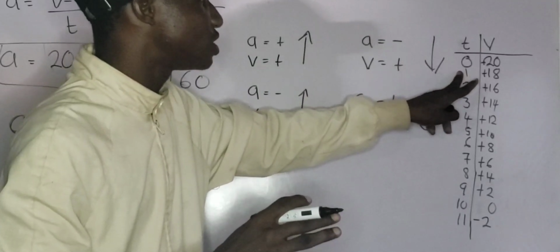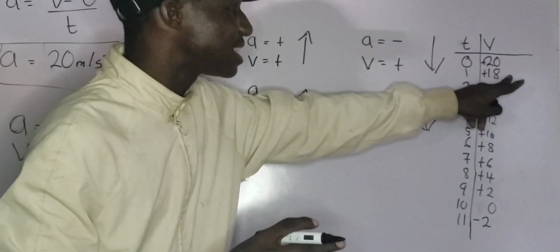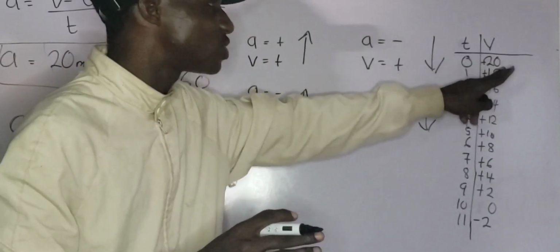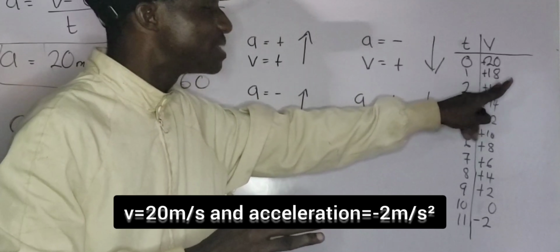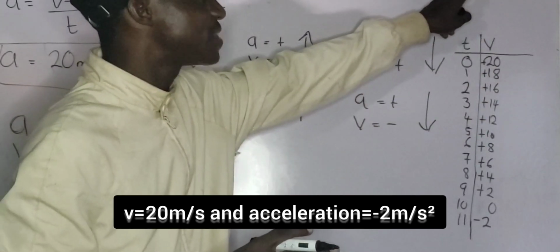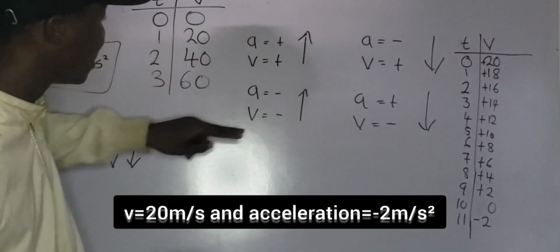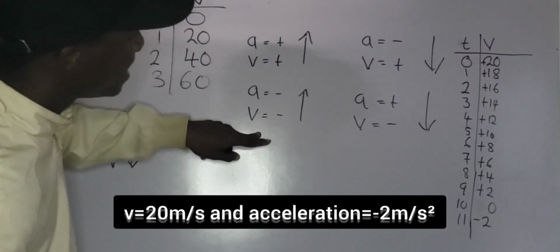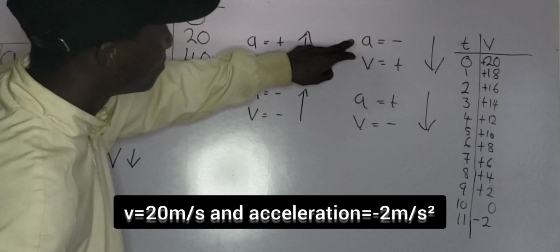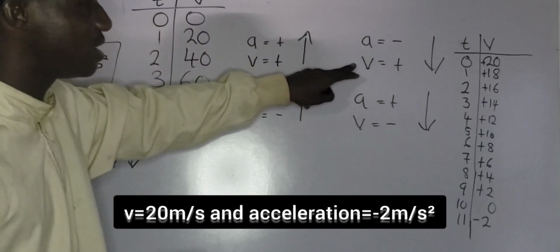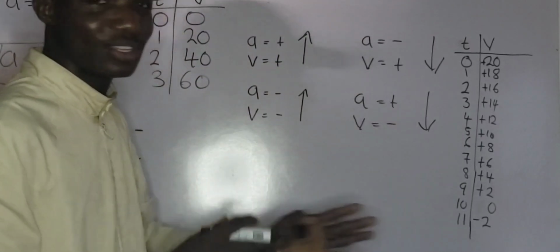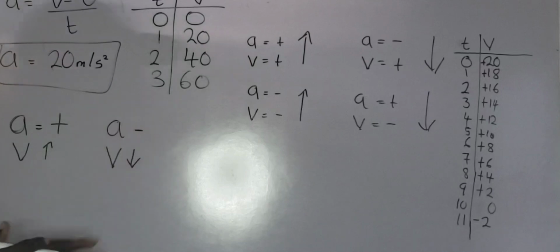Immediately we move to the next second, the velocity decreases from 20 to 18 meters per second, because we have a negative acceleration and a positive velocity. So these laws hold. When we have a negative acceleration and a positive velocity, the velocity will be decreasing. Now let us proceed.